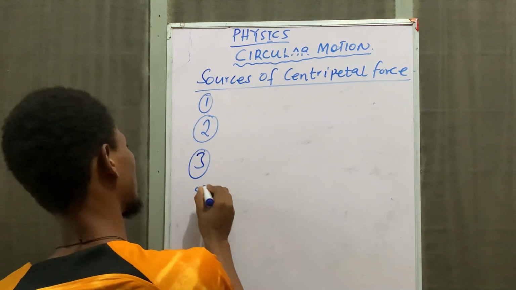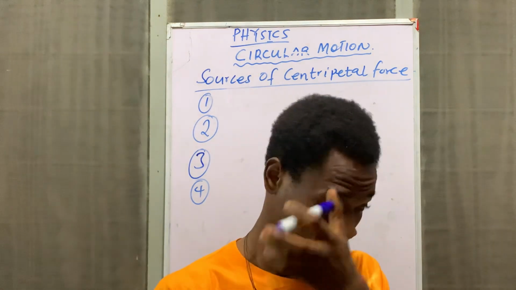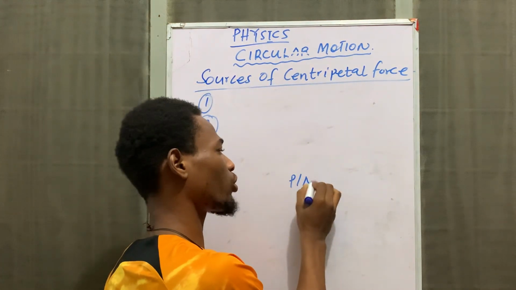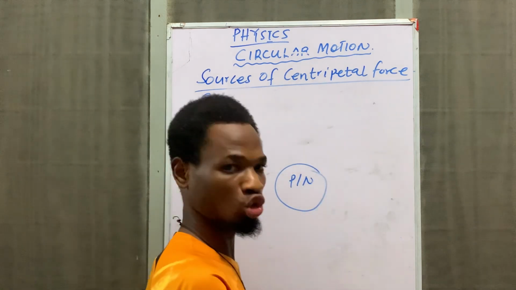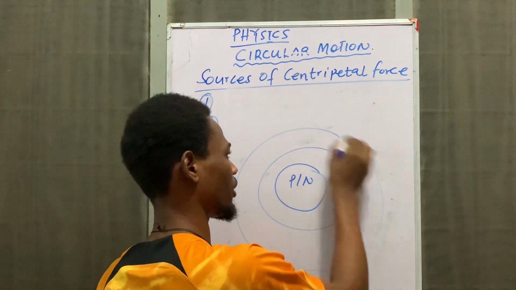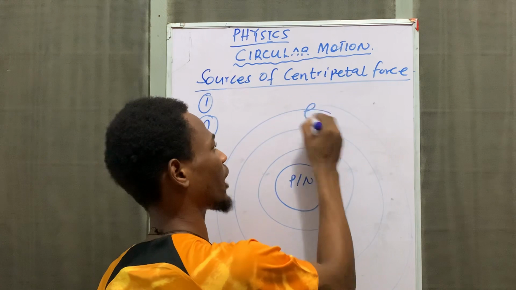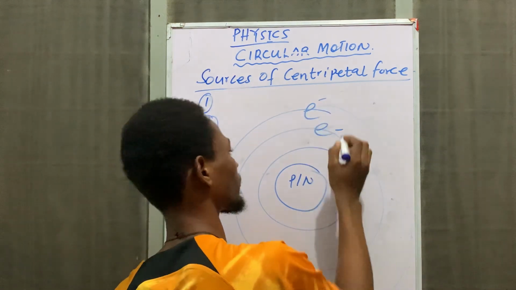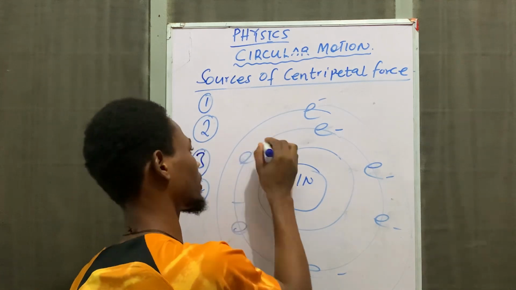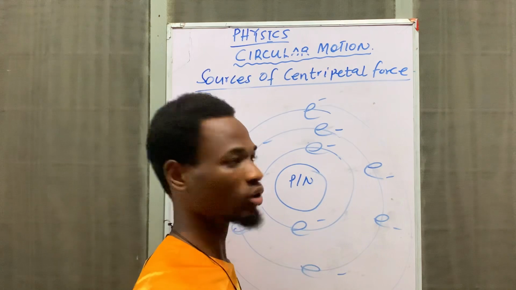Let's consider this fourth example. Remember I told you that we have the nucleus containing the protons and the neutrons. Then you have your electronic shells with your electrons revolving around the nucleus.